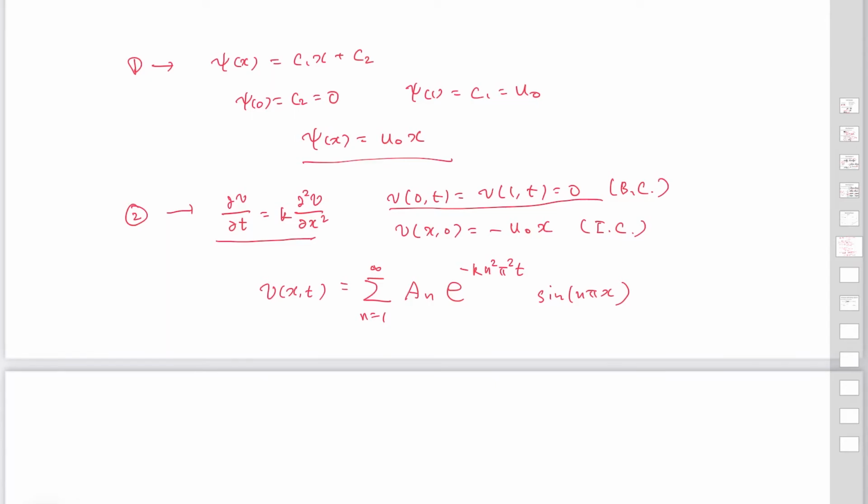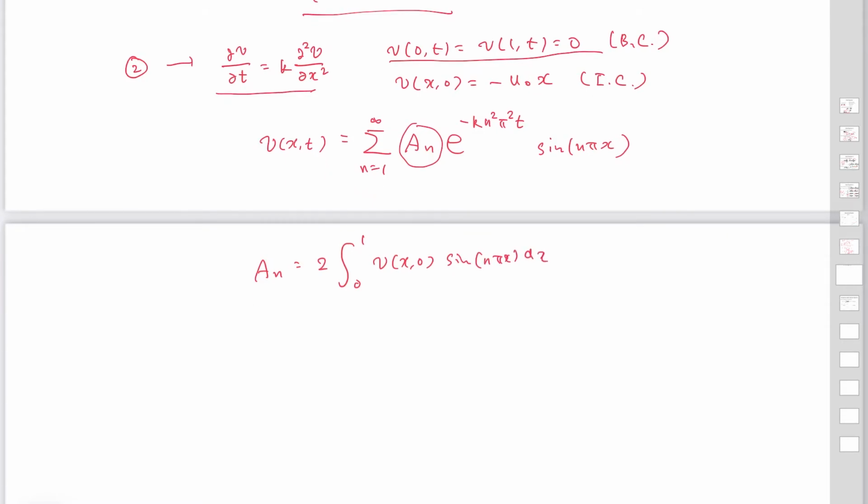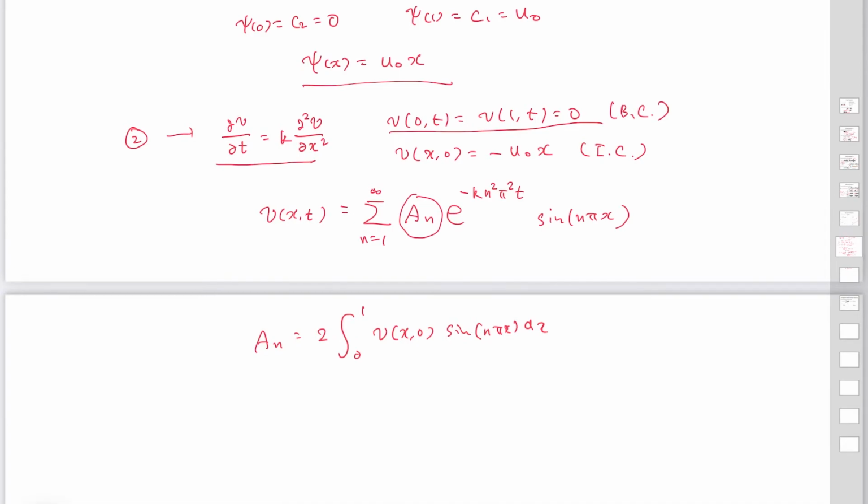Then we'd like to determine a sub n using the initial condition. So a sub n is determined as 2 times the integral from 0 to 1 of v(x,0) sine n pi x dx. Then you can substitute v(x,0) equals minus u sub 0 x.